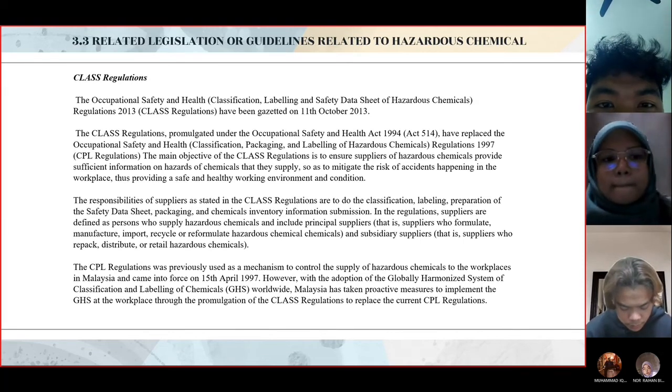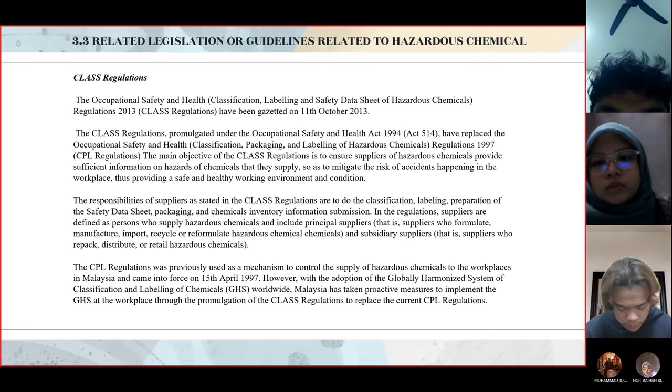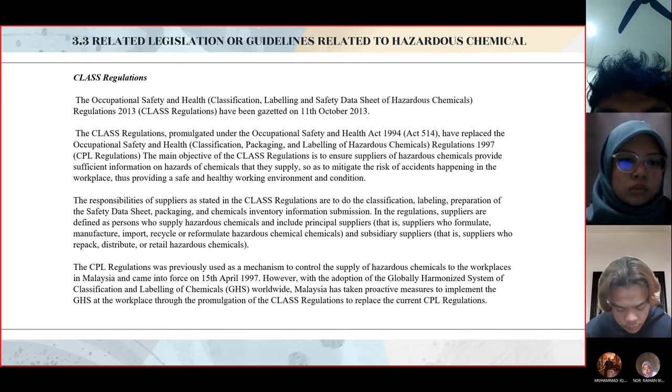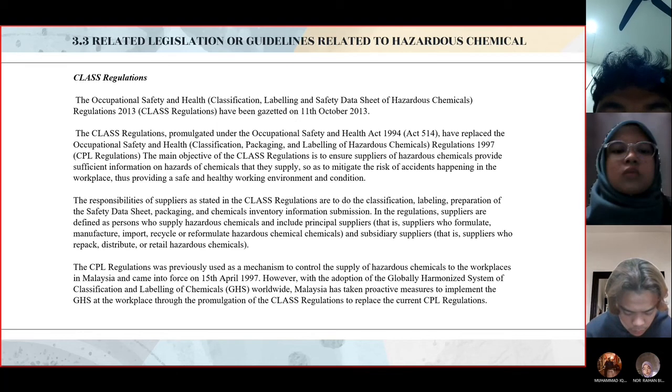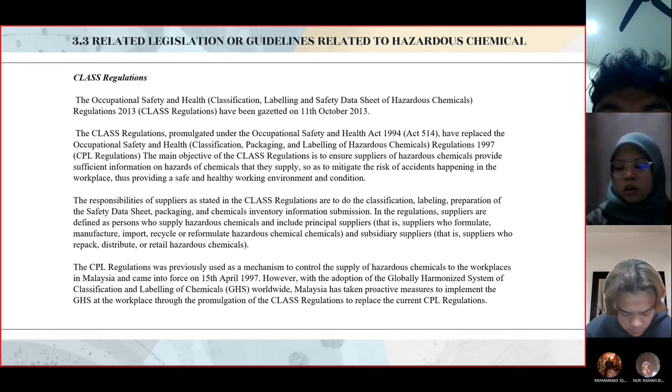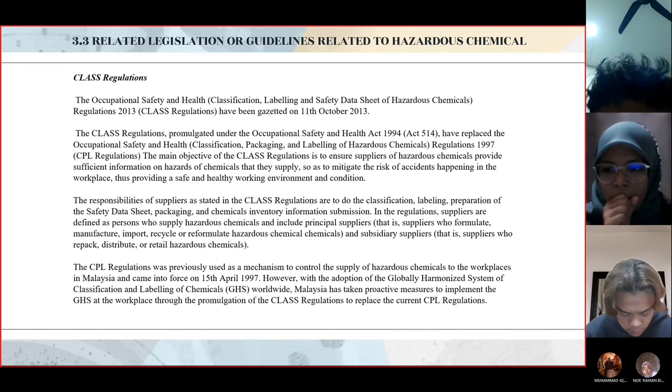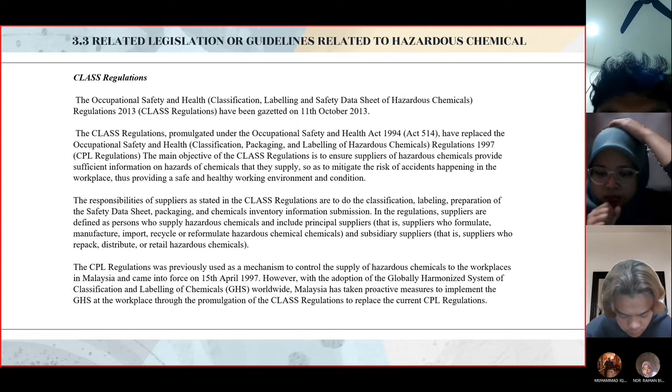Related legislation and guidance related to hazardous chemicals. The CLASS Regulation. The Occupational Safety and Health (Classification, Labelling and Safety Data Sheet of Hazardous Chemicals) Regulations 2013, the CLASS Regulation, was gazetted on 11th October 2013.